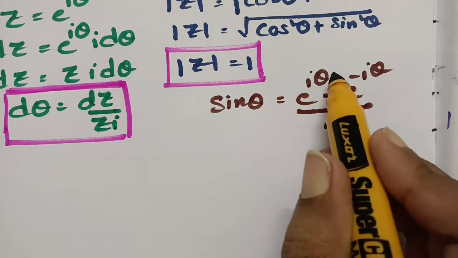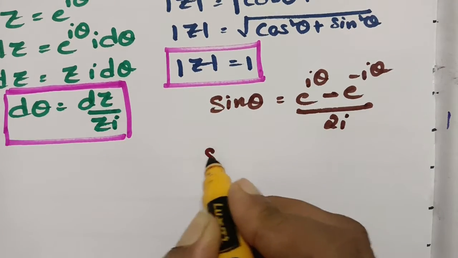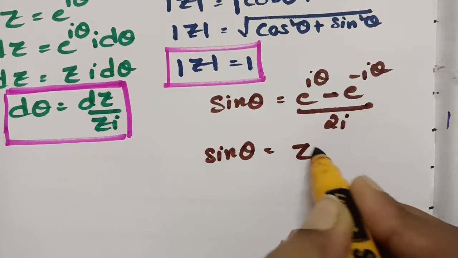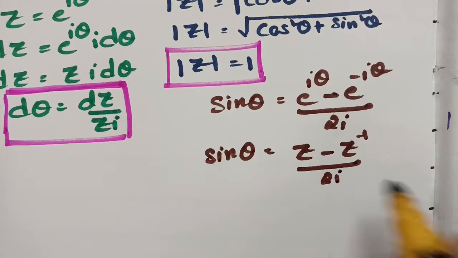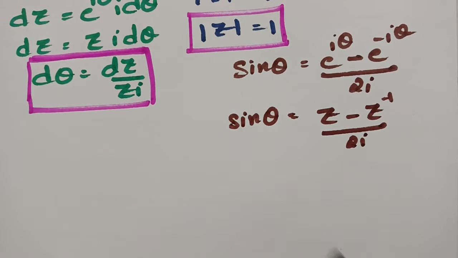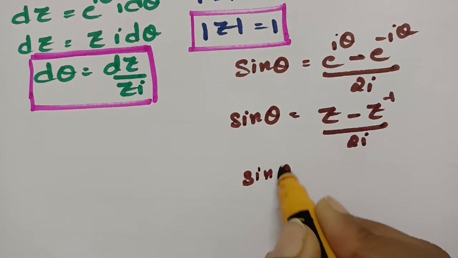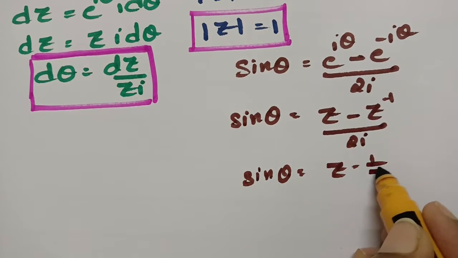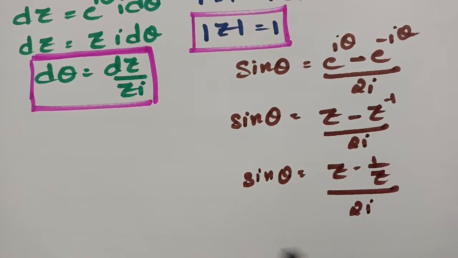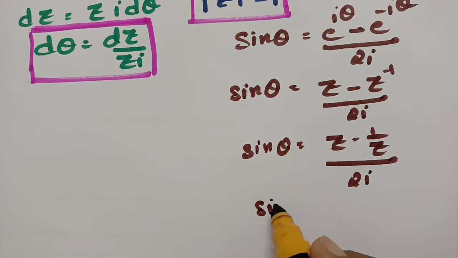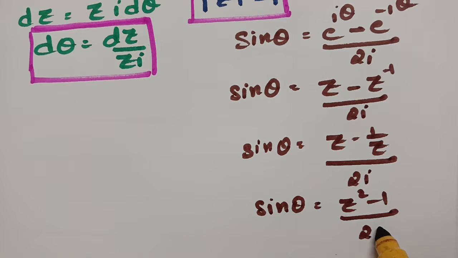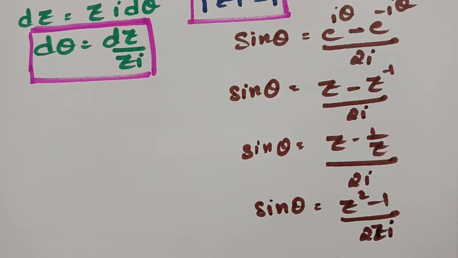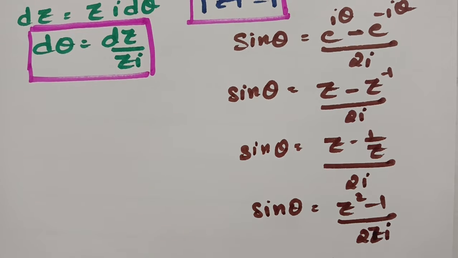As you know that e power i theta value is z, sine theta is equal to z minus z inverse by 2i. So sine theta is equal to z minus 1 by z by 2i, which is z square minus 1 by 2zi. So I got the value of sine theta also.